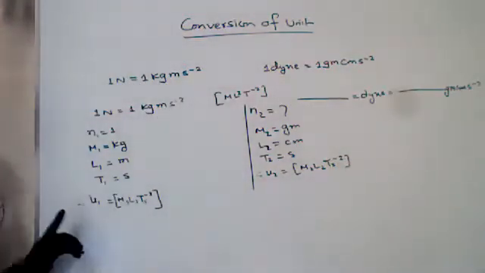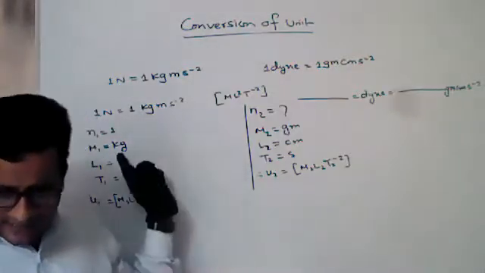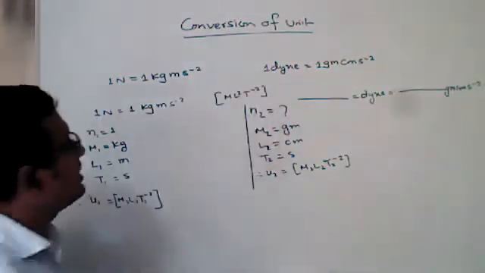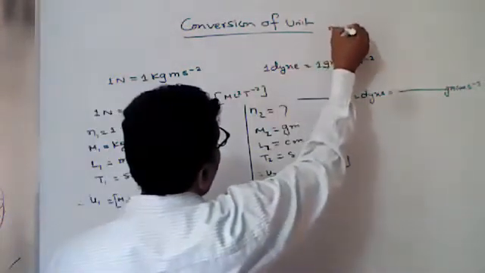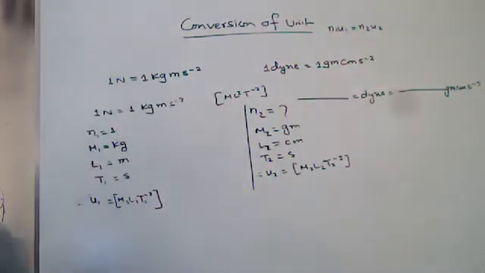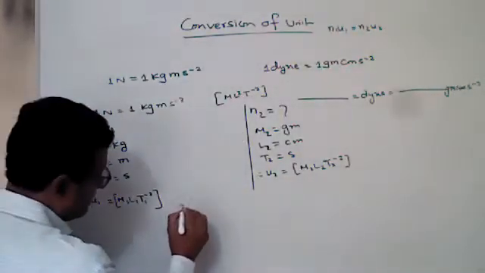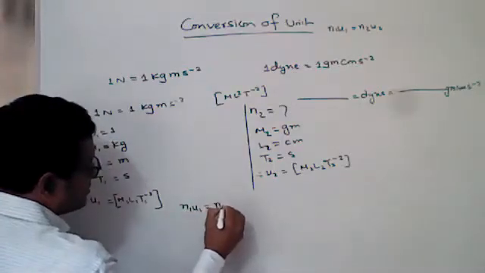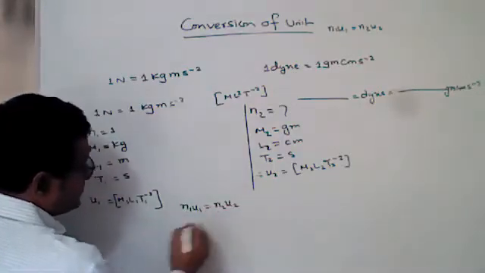Now we know the values of U1, U2, and N1. By using this formula, N1 U1 equals N2 U2, we can determine N2.